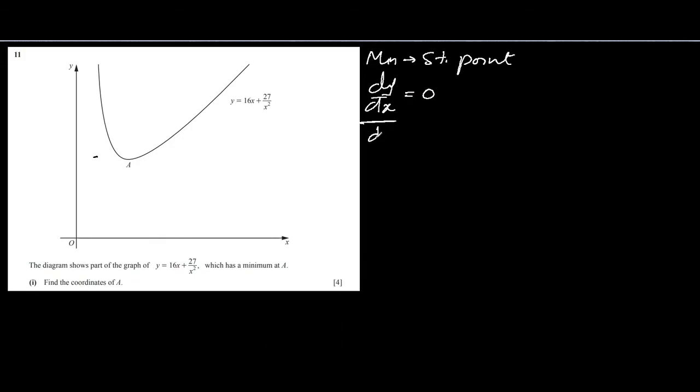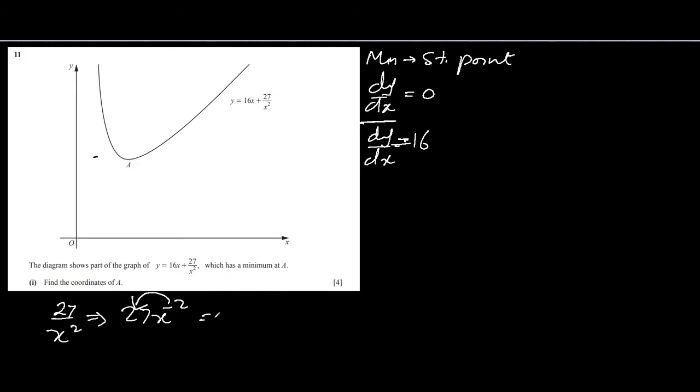So dy over dx, what is the differentiation of 16x? It will be just 16. And 27 over x squared, I'm doing it separately. I can write this as 27x to the power minus 2. When we differentiate it, this minus 2 will come and multiply with 27.